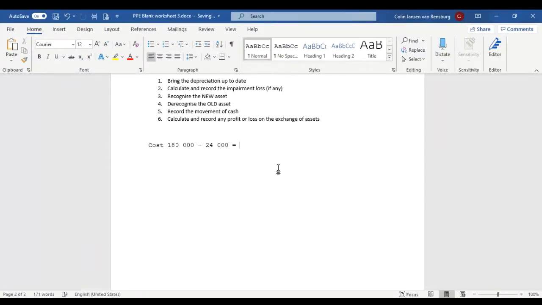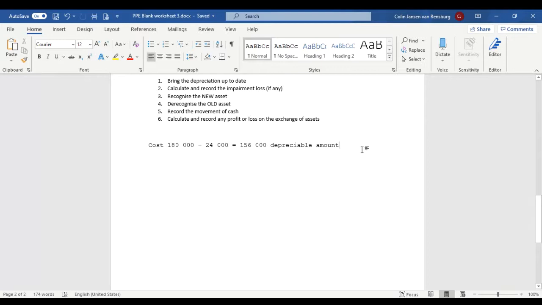So what does that give us? 156,000. I think. Let me just check. You will probably help me out. Yes, thank you, 156,000. So the carrying amount is 156,000. Not the carrying amount, the depreciable amount. Oh, so you said depreciable amount. Okay, that is our depreciable amount, 156,000.